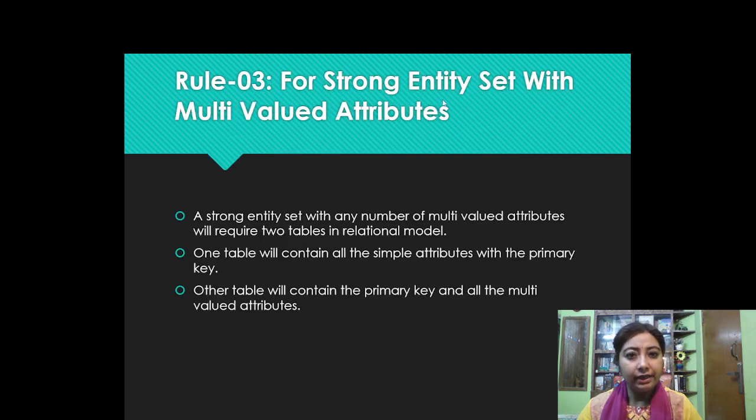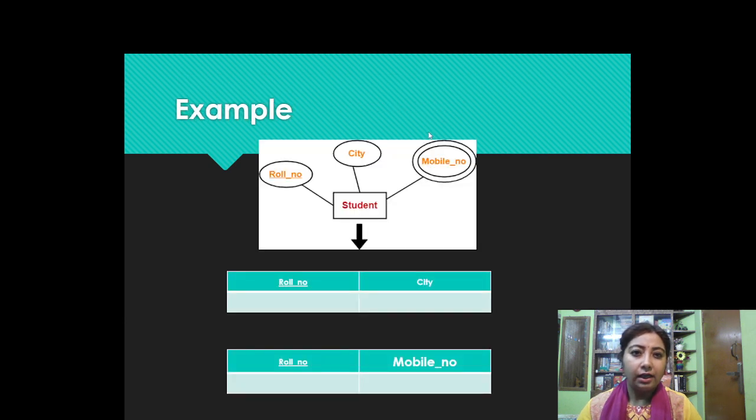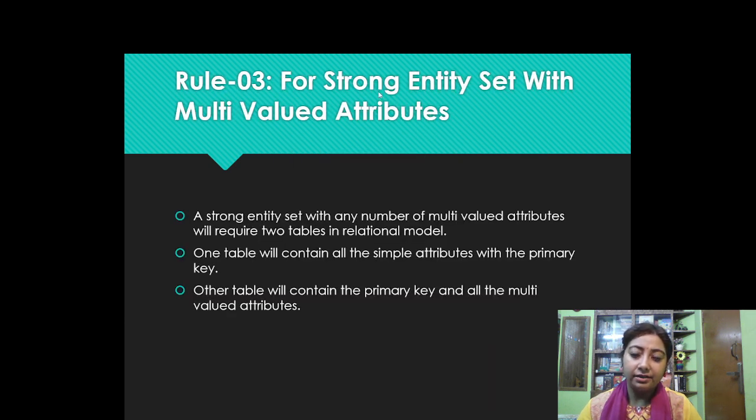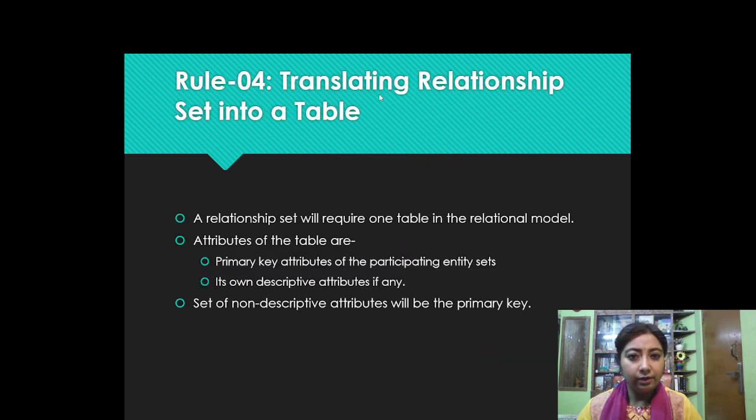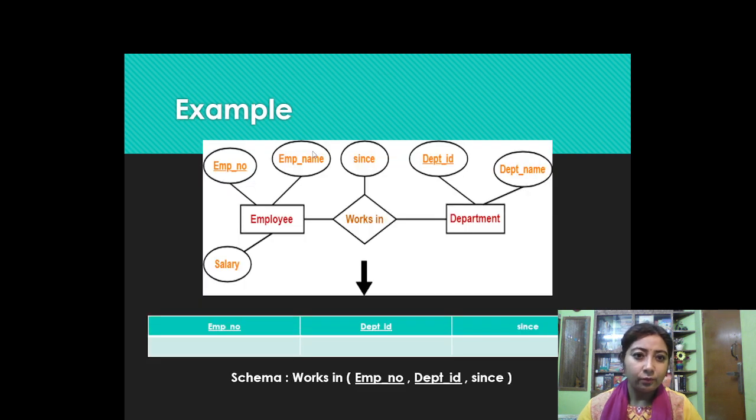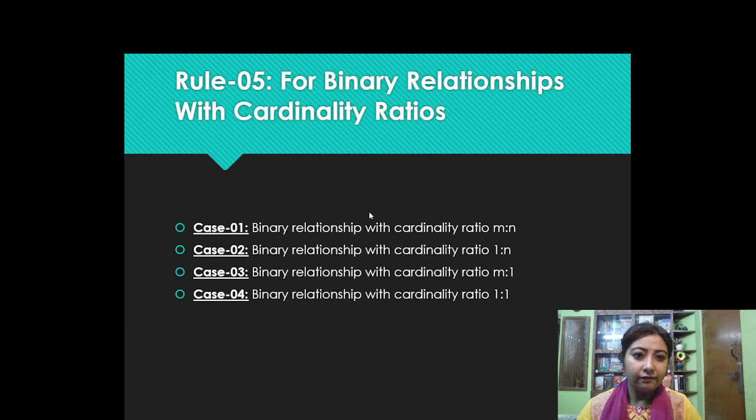Then rule 3 is strong entity with multi-valued attribute. Strong entity means the entity which has the primary key. Then rule number 4 is translating a relationship into a table. After that, rule number 5 is based on the binary relationship with cardinality ratio.